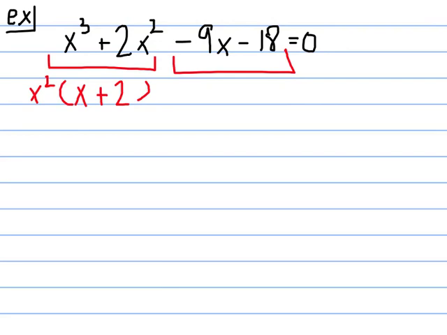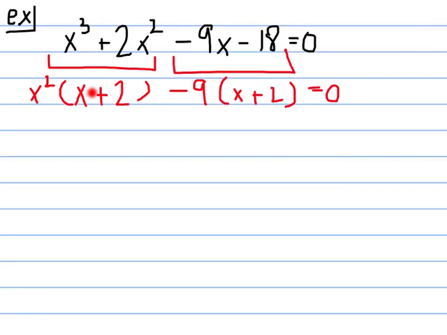In the second group, they both have a negative 9, so I'm going to factor a negative 9 out. I have then x, and negative 18 divided by negative 9 gives plus 2. That's a little different, but it's the same concept as factoring when there's a common factor between each pair.